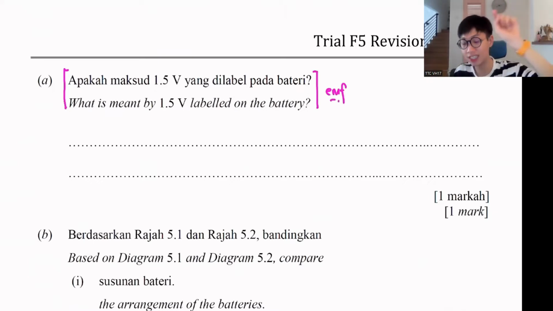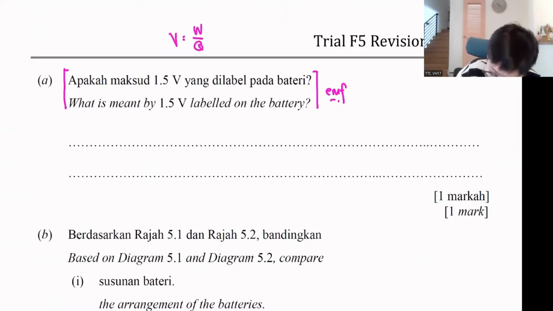1.5 volt is the EMF. So they're actually asking you the definition of EMF. Volt is work done per unit charge, energy, joules per coulomb, energy per charge, right? So here we can make it very simple.